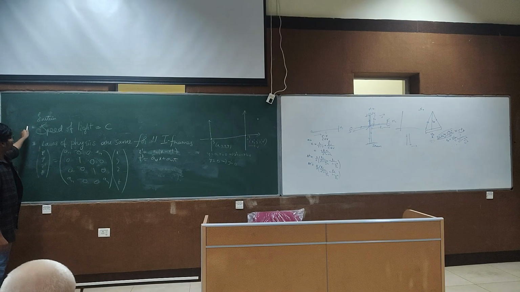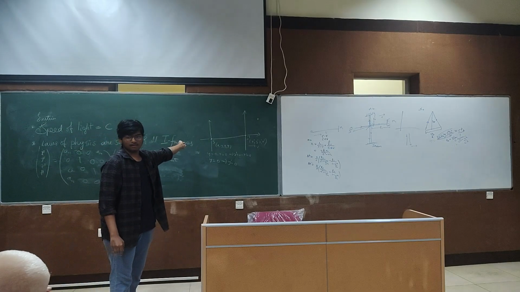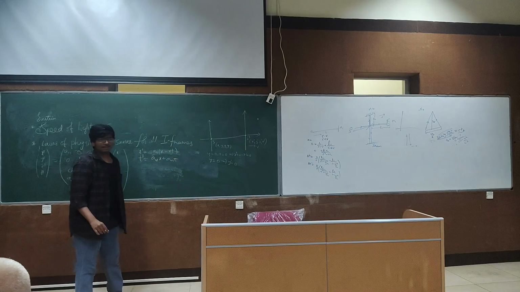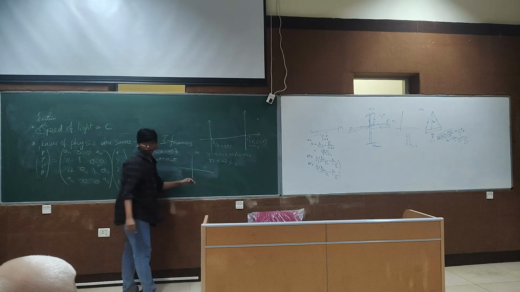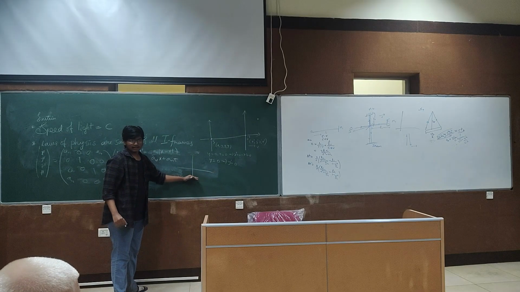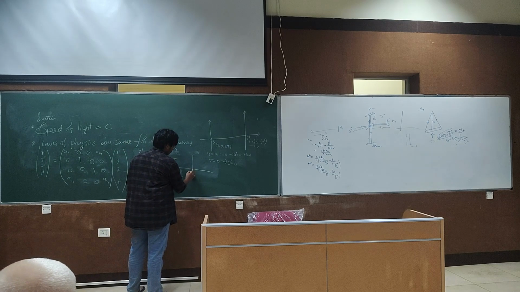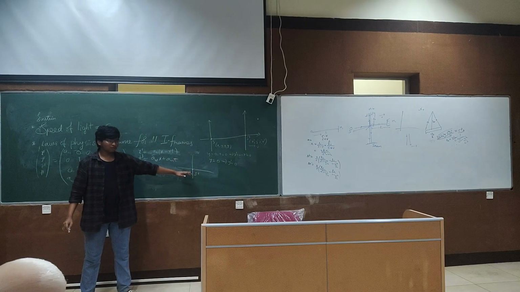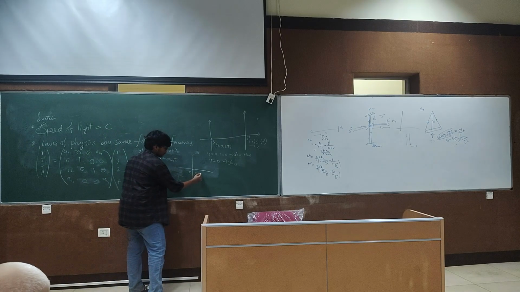So till now we never used the thing that speed of light is c in a frame, right? So take a thought experiment where you have two frames at the same point. Like the origin of the two frames is the same in the beginning.